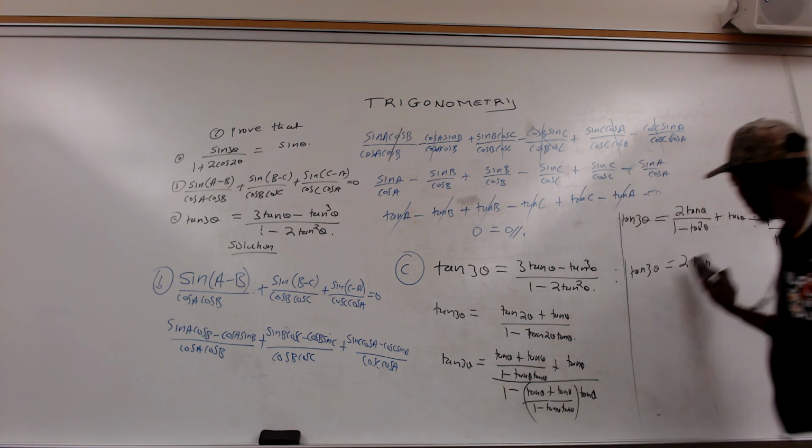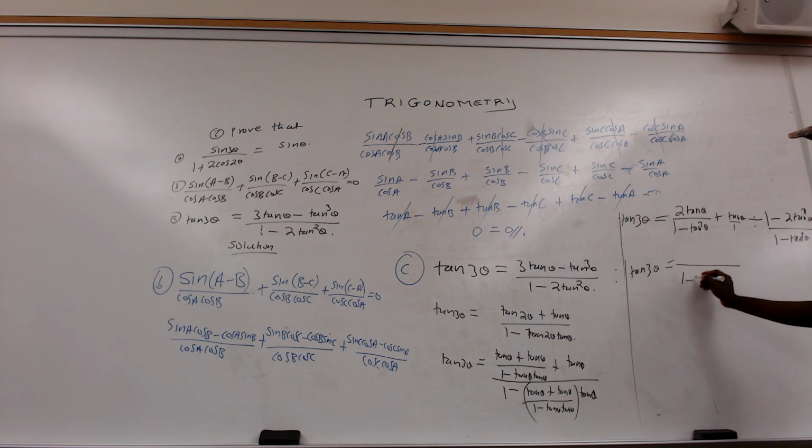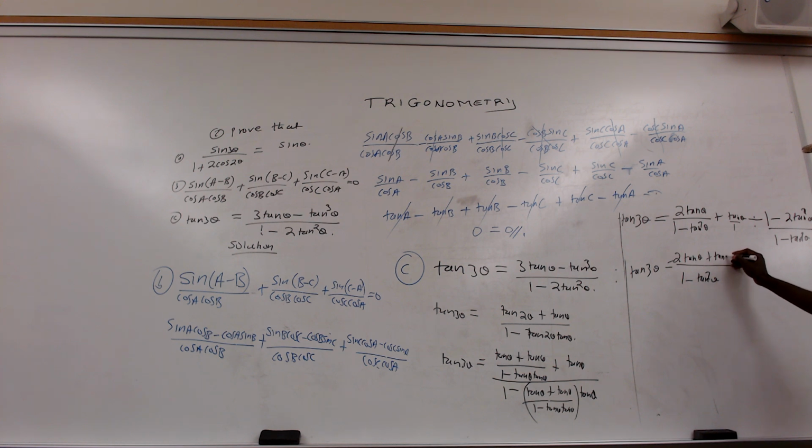Now for the reciprocal of tan 3 theta, we can find the LCM instead, because this is over 1. So we have 1 minus tan square theta. This into this is 1, and 1 times this gives 2 tan theta, plus tan theta into 1 minus tan square theta, divided by, here again the same thing, we can find the LCM. This time it is 1 minus tan square theta minus 2 tan square theta.